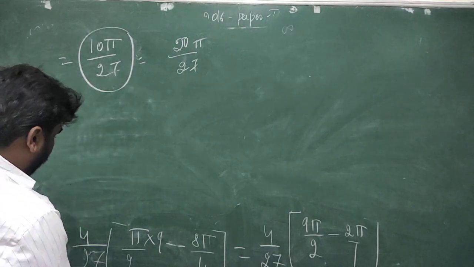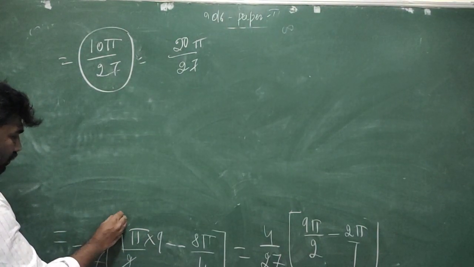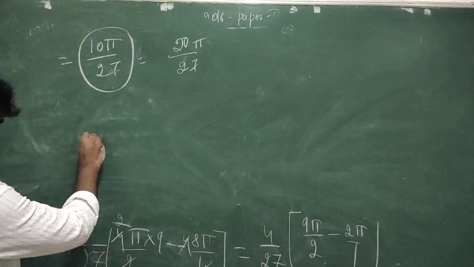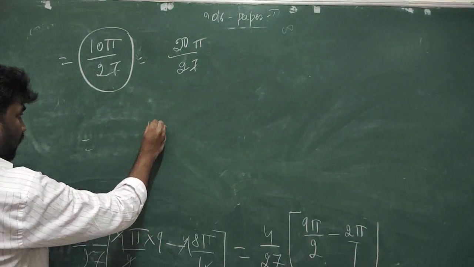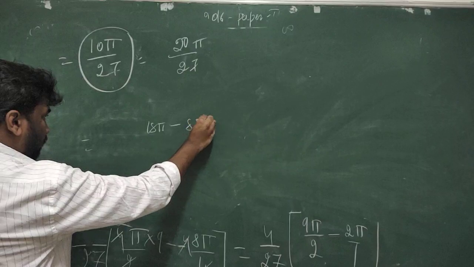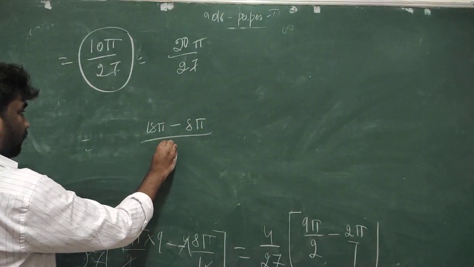See, if I multiply 4 inside here, 4 2s are, and this 4 cancel, remaining is 9 2s are 18 pi, 18 pi minus 8 pi divided by 27.